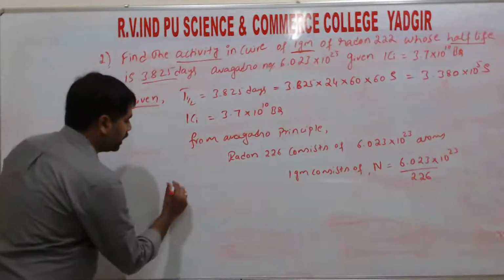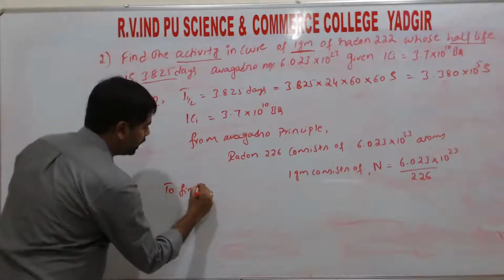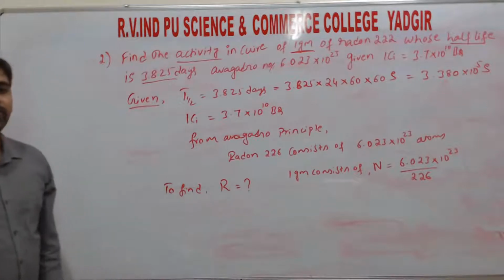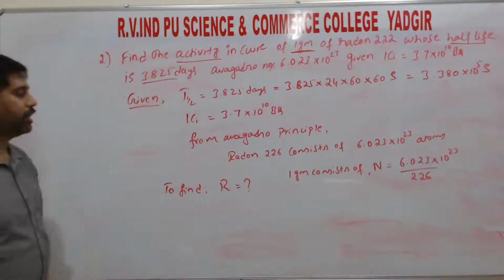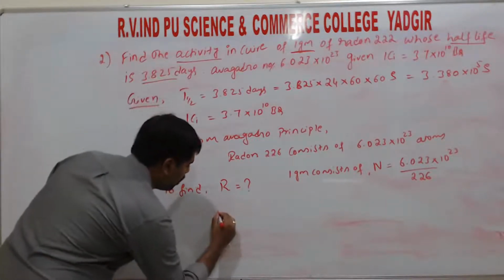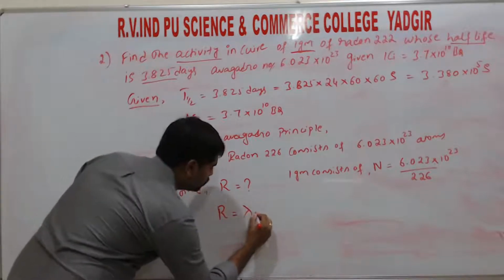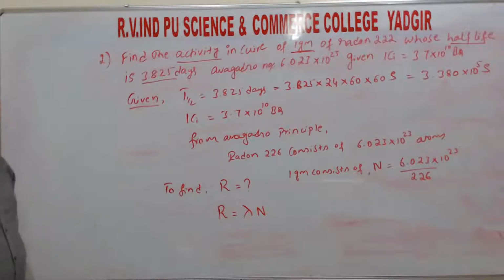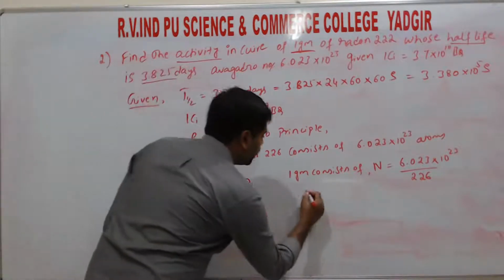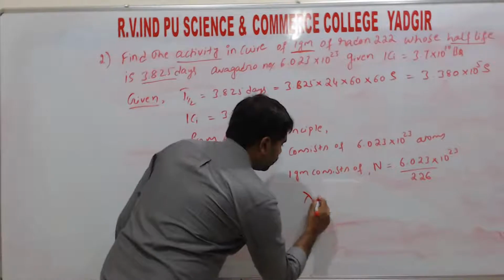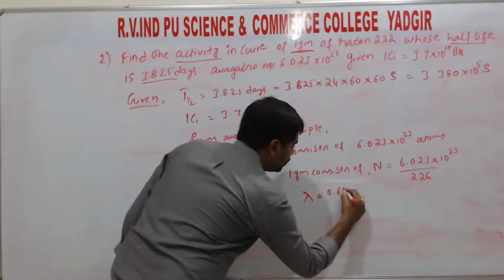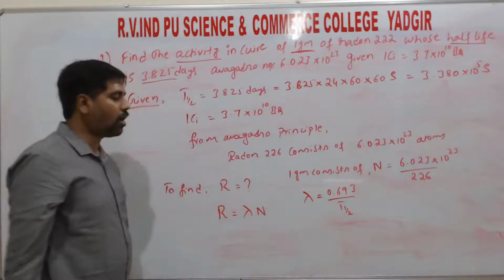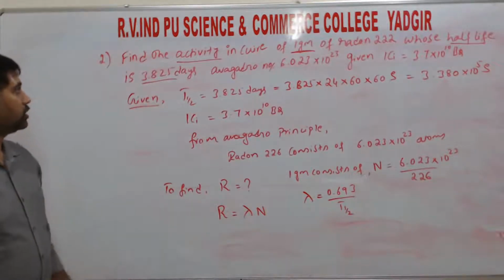So here we are going to find the activity R, right? We have the formula activity R is equal to lambda n, where lambda is the decay constant. Here lambda is equal to 0.693 divided by T half, the relation between half-life and lambda, the decay constant, right?